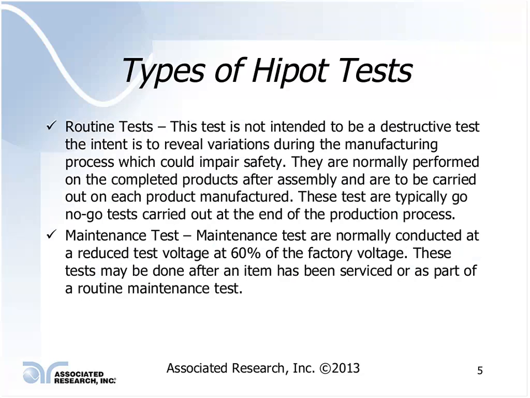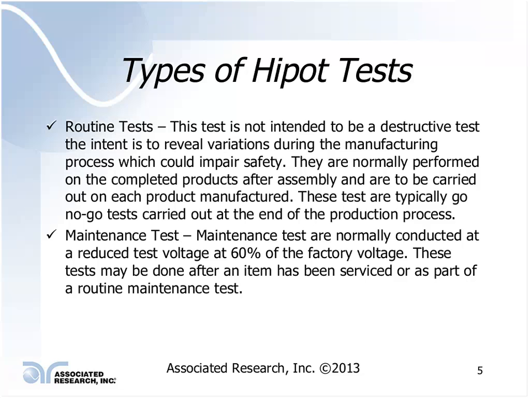Okay. The routine test. This is exactly what it is meant to do. This test is not intended to be a destructive test. It is intended to reveal variations that could occur in the manufacturing process that could impair the safety of the product itself.